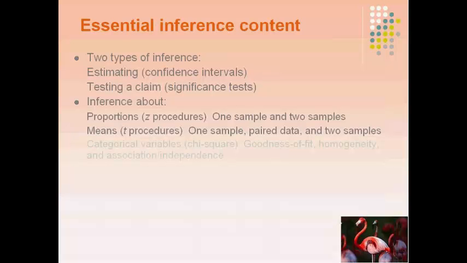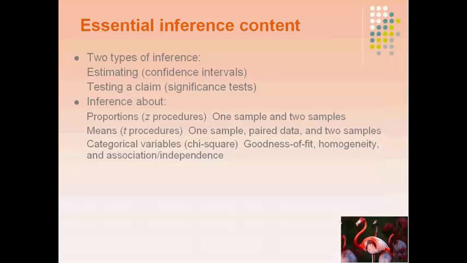Or we might be doing inference about categorical variables, a goodness of fit test with chi-squared, or a test of homogeneity, or a test of association independence. And then, with that little bit of time we have left, we might be doing inference about the slope of a regression line using, again, some type of t-distribution.